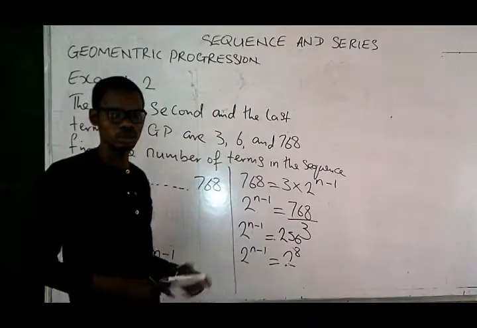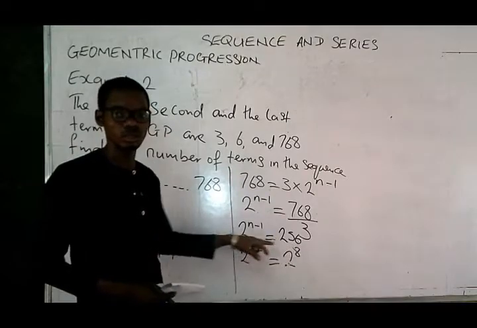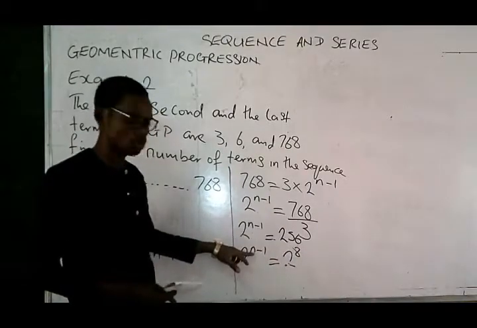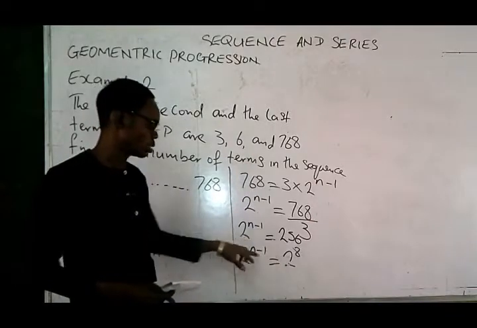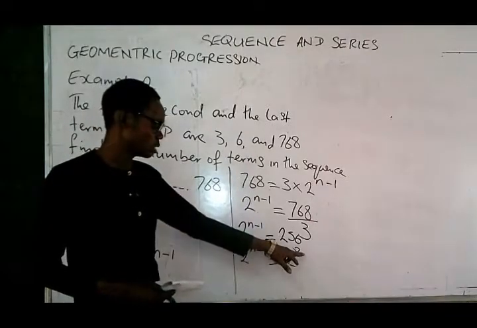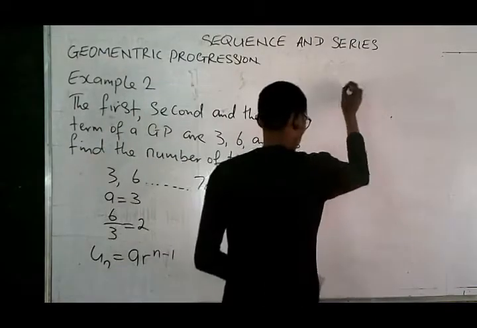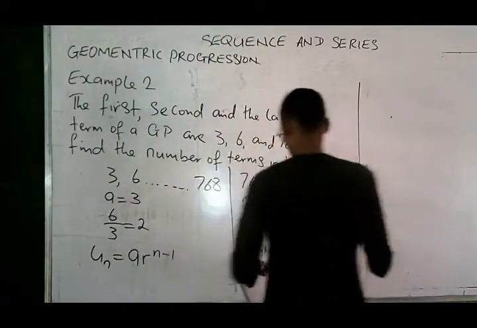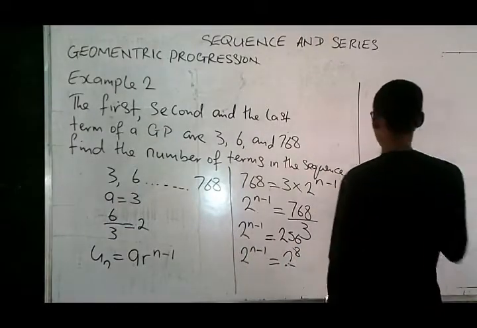Knowing that, the next thing for us to do is to equate the indices, because the n minus 1 is an index and 8 is an index. We equate them. We have n minus 1 is equal to 8.